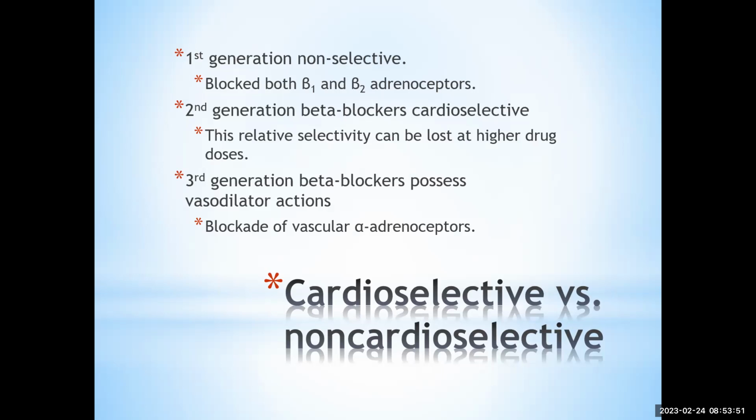Typically, they will have letters that begin with M all the way to Z. Third generation beta blockers, there's two of them, labetalol and carvedilol. These also can block vascular alpha-1 adrenergic receptors. Those are special case beta blockers that are typically used for patients with heart failure. We'll talk about those in just a bit.